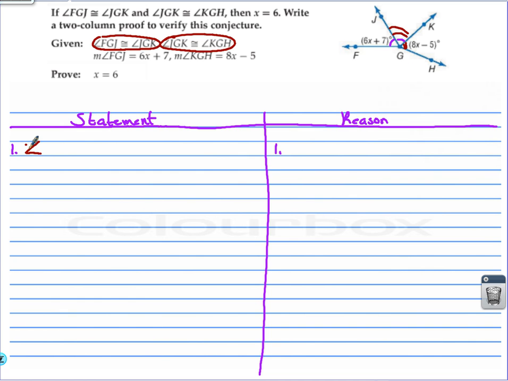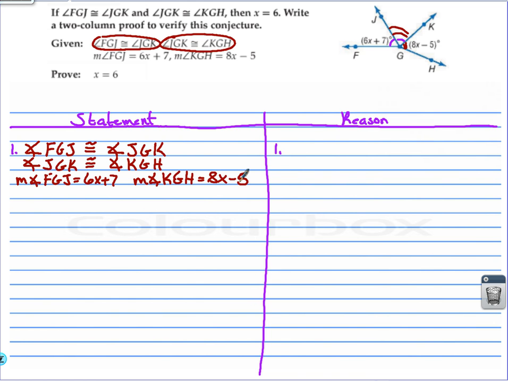We're given that, and I'm not going to do this on every problem, but we're given that angle FGJ is congruent to angle JGK. We're given that angle JGK is congruent to angle KGH. We're given that the measure of angle FGJ equals 6x plus 7, and we're given that the measure of angle KGH is equal to 8x minus 5.